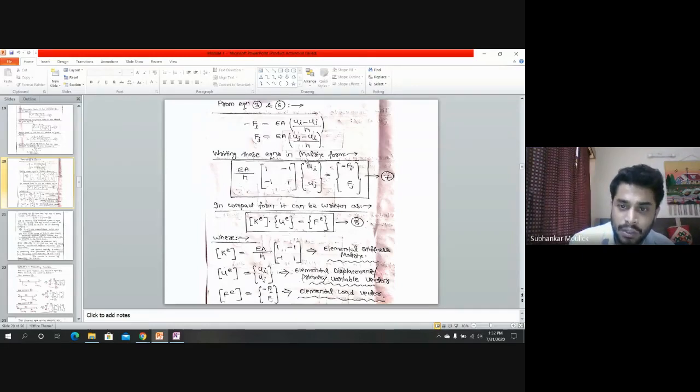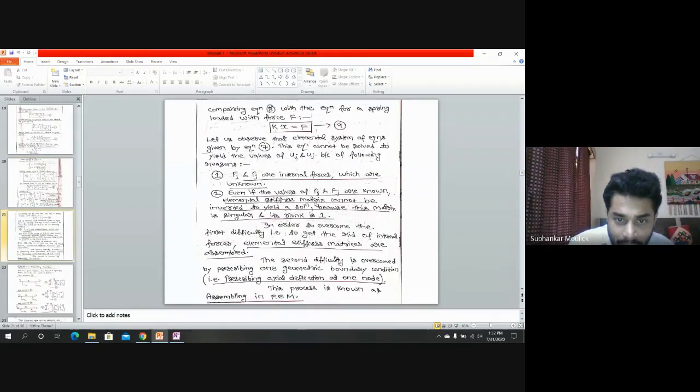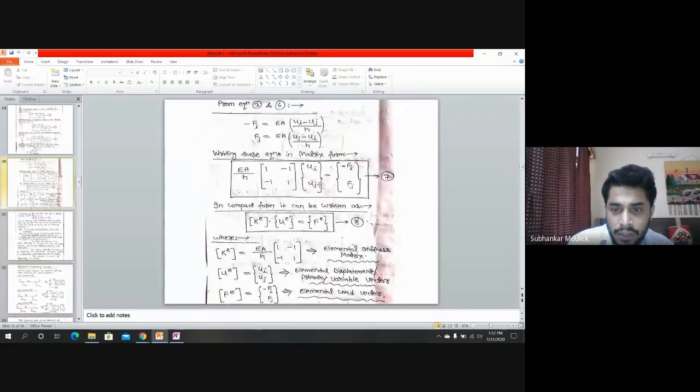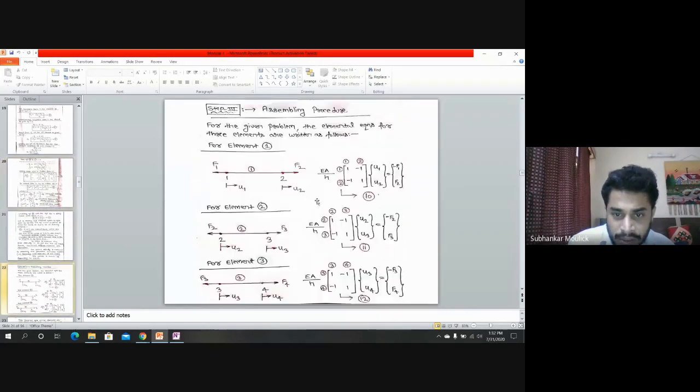Can you say what will be Ui for element number 2? Ui will be U2 and Uj, that means my j, will be U3, which is equal to [-Fi; Fj]. Why minus? It is in the negative x direction, that means minus F2, and plus Fj, because F3 is in the positive x direction, so F3, which is equation number 11.